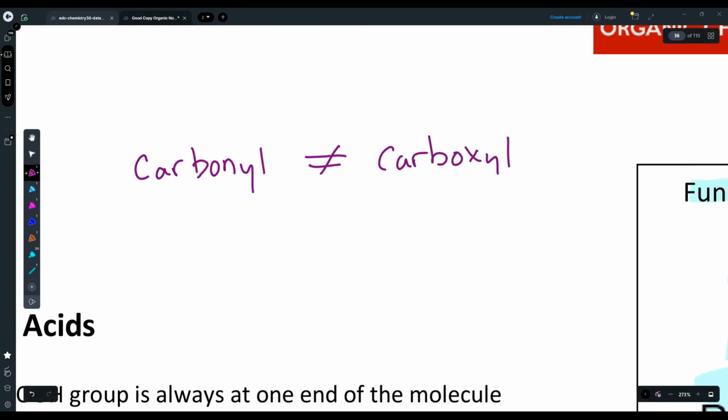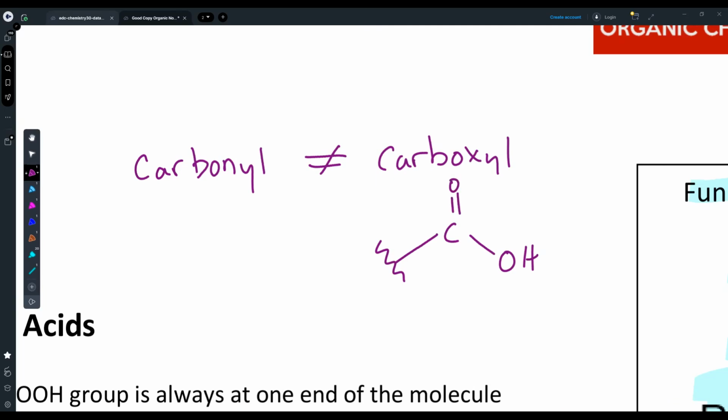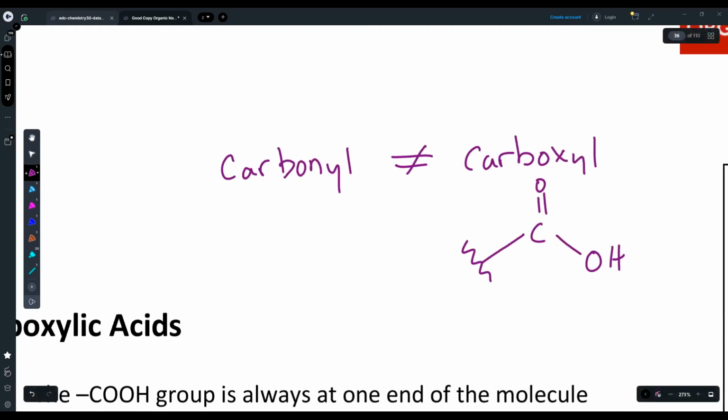Carboxyl is this COOH functional group, which is a part of carboxylic acids, whereas carbonyl is where you have carbon attached to some chains of carbon, but it's only double bonded to oxygen. So just be aware of that.